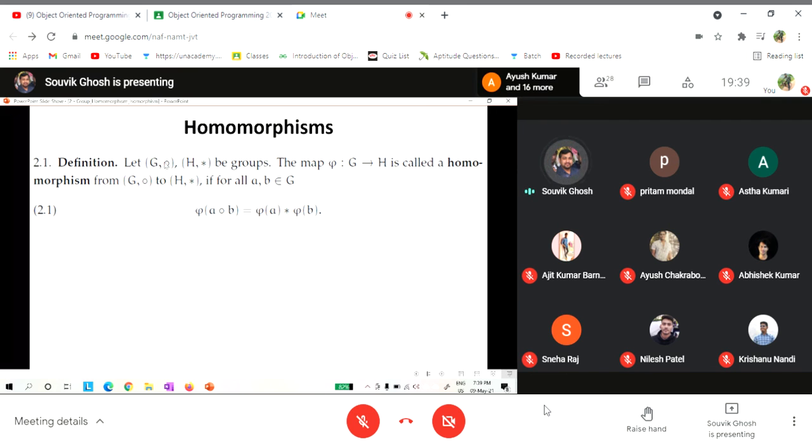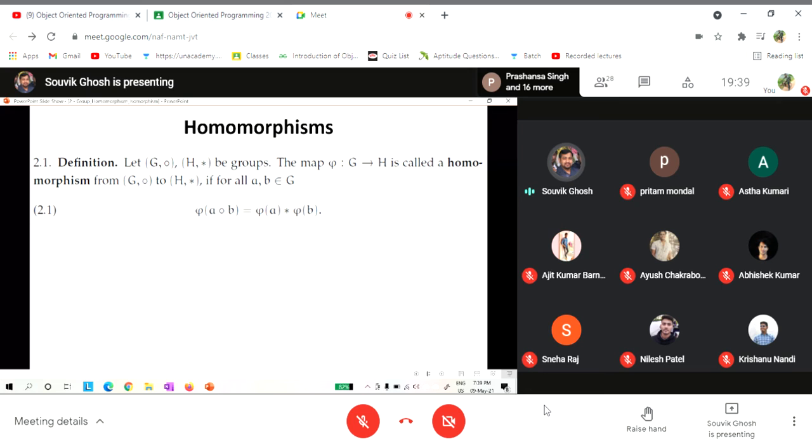So you have the set G and the operation composition, and you have another group H star, that is H is a set and star is the operation, defined by someone. This operation satisfies the four properties of a group, as composition does in G.